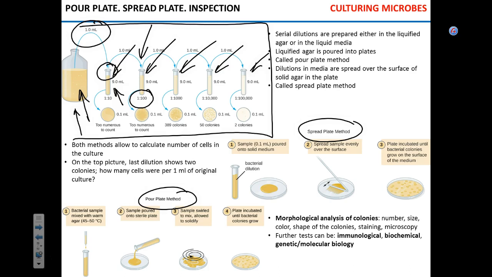Does that make sense? You take 1 mil again, move it to the third one, so 1,000 and 10,000 and 100,000 times. Does that make sense? So in your 6th tube, your original sample is diluted 100,000 times.